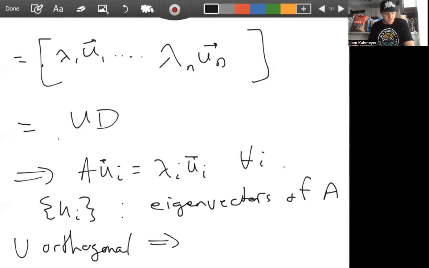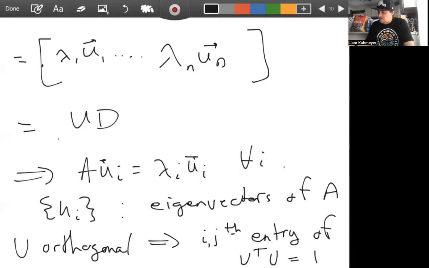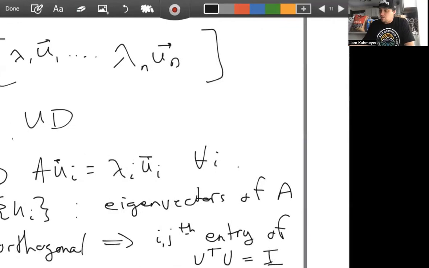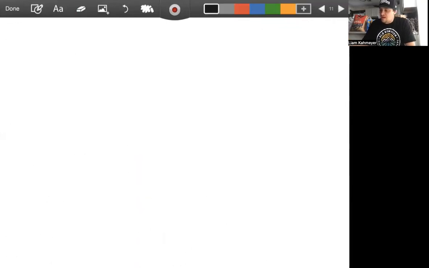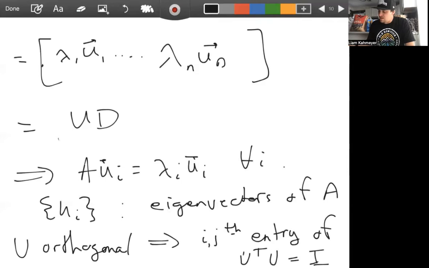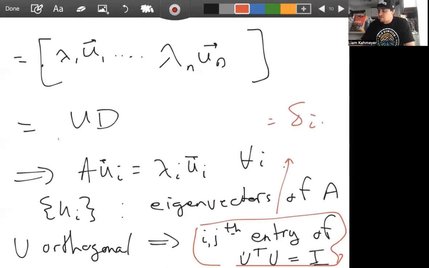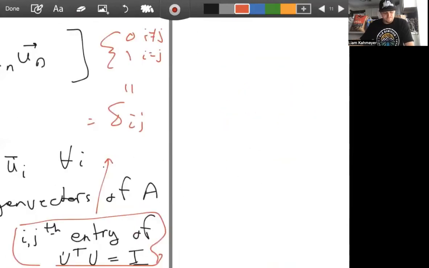And our conclusion is since U is orthogonal, what does that mean? Well, that means the i, jth entry of U transpose times U, well, since we know that's the identity, that's what it means to be orthogonal, is equal to the Kronecker delta symbol, delta ij. If you remember, this is a function that's 0 when I is not j, and it's 1 when I is equal to j, right?